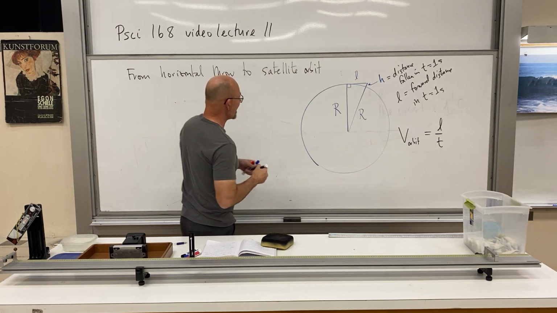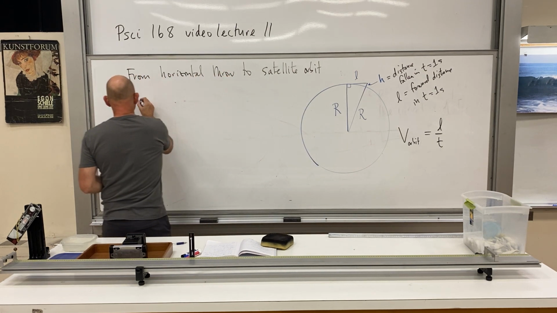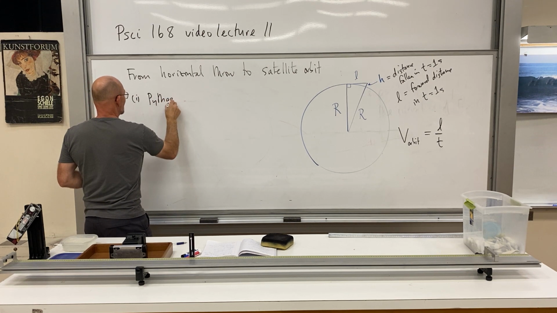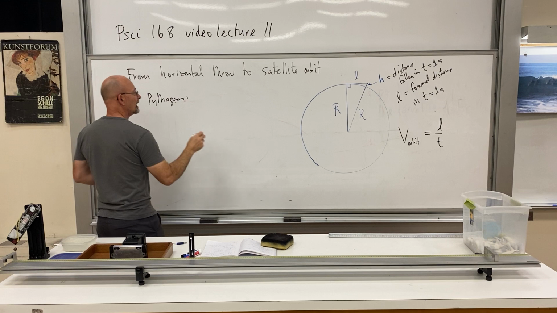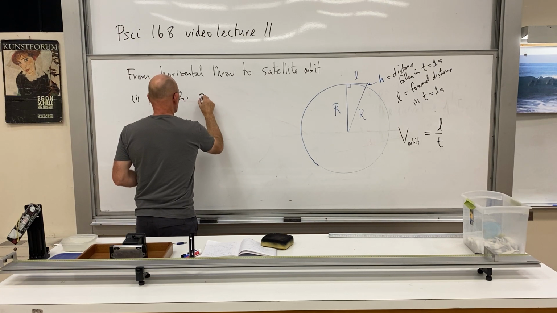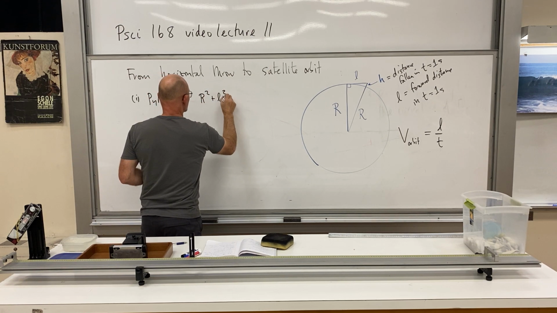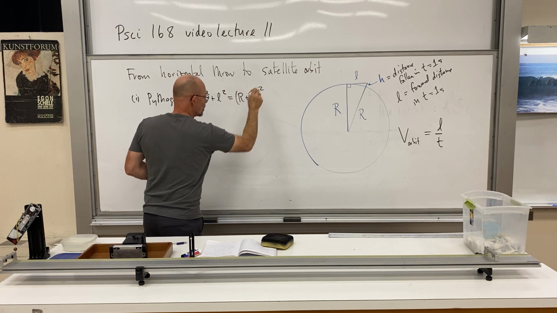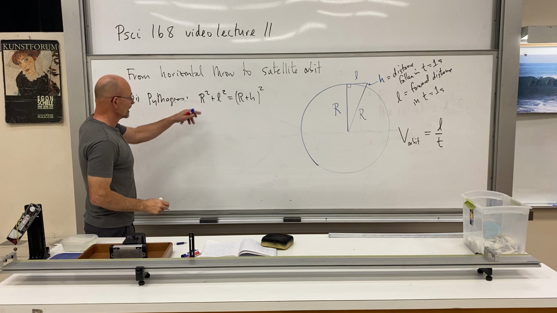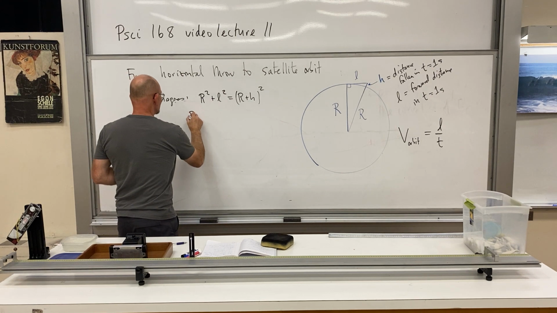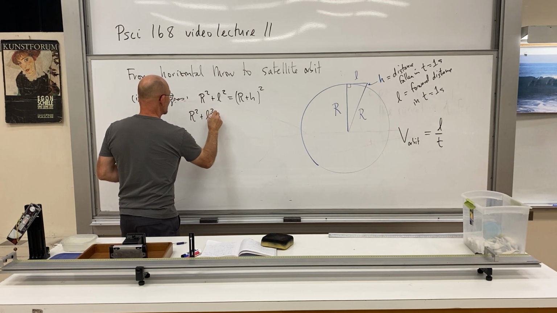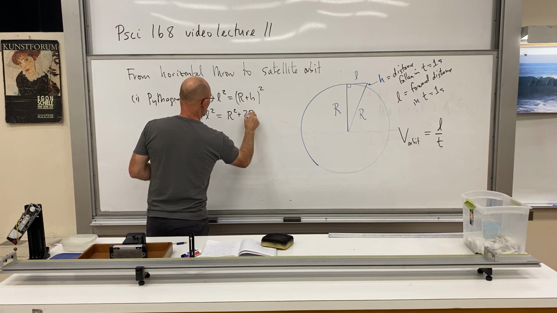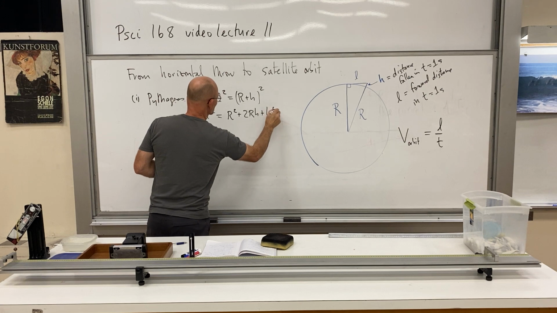We're going to use the Pythagorean theorem, so I'll just number my steps. 1, Pythagoras, and we're going to say R squared plus L squared equals R plus H, the quantity squared. Then we expand this out, so we've got R squared plus L squared equals R squared plus 2RH plus H squared.